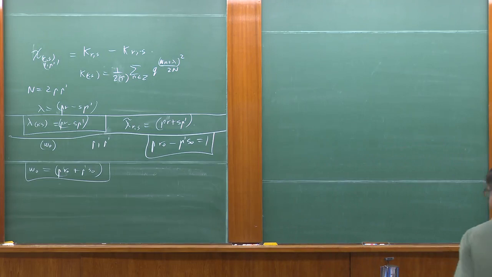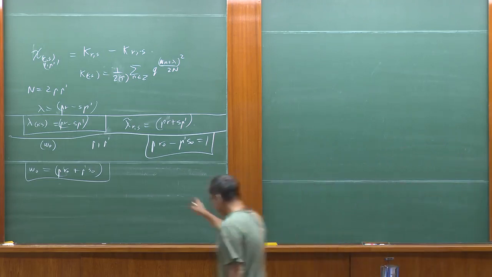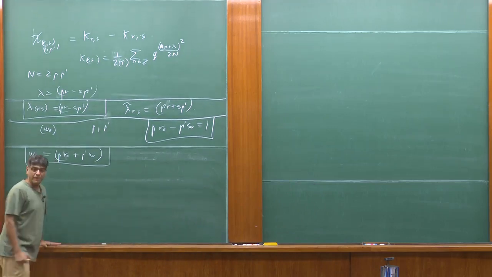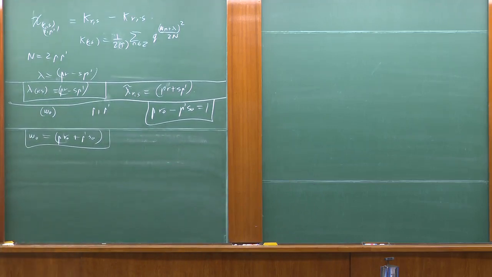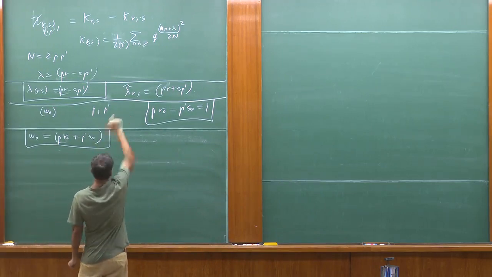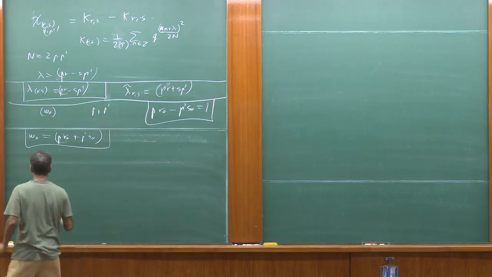I'm going to explain the use of this omega naught in just 1 minute. But as preparation for that, let us note the following facts about this K. That K up there is defined there.